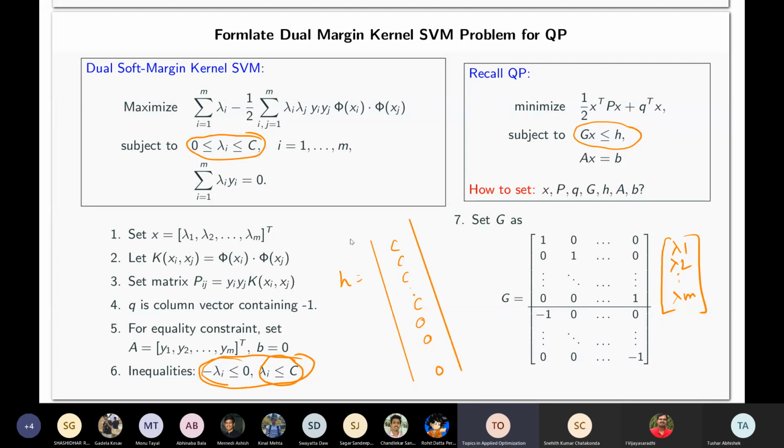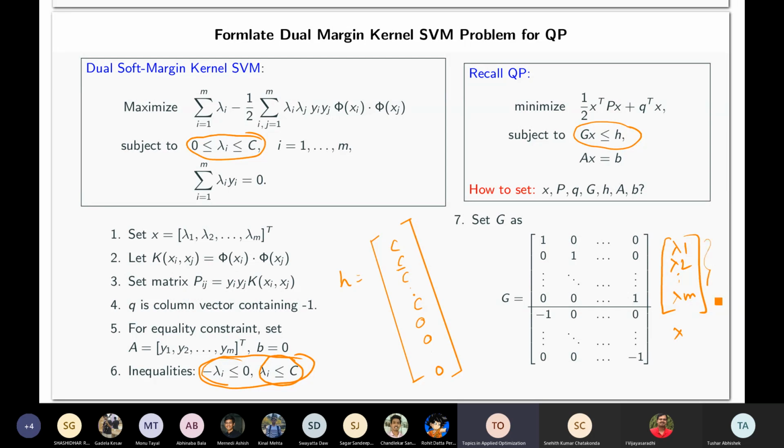If you choose H to be like this, then let us see G times X is less than equal to H. So G times X is this, right? The first part is lambda 1 is less than equal to C. That's correct. Then the second equation gives us lambda 2 is less than equal to C. This is also correct.